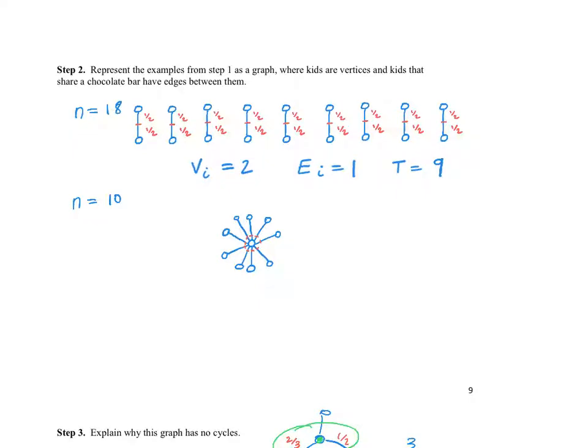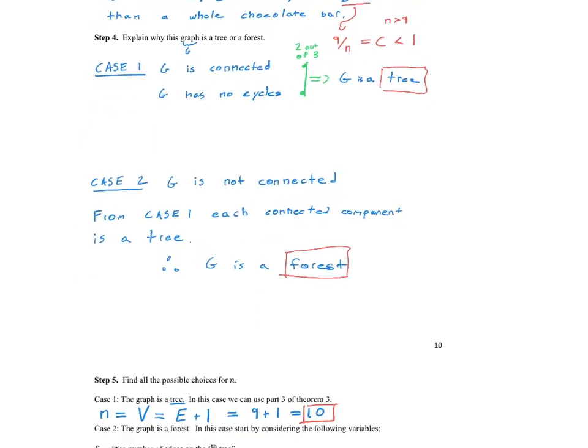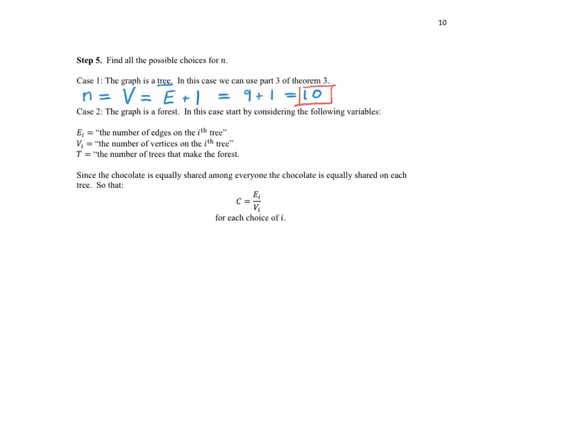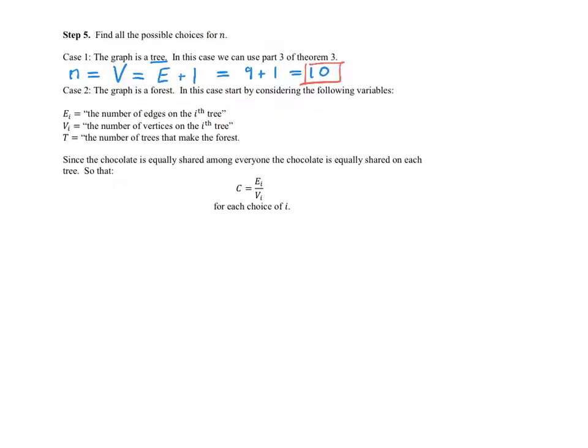Okay, let's return to where we were in the problem. So next, all the chocolate is equally shared. That was one of the very first conditions of our problem.